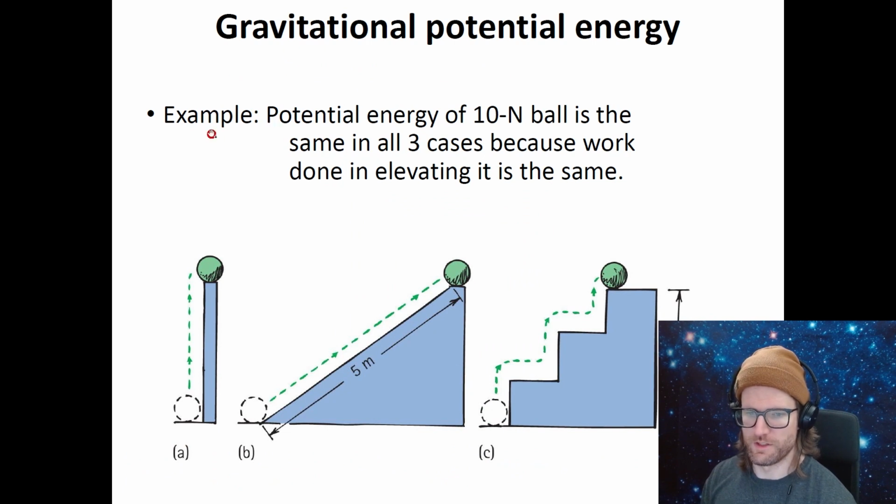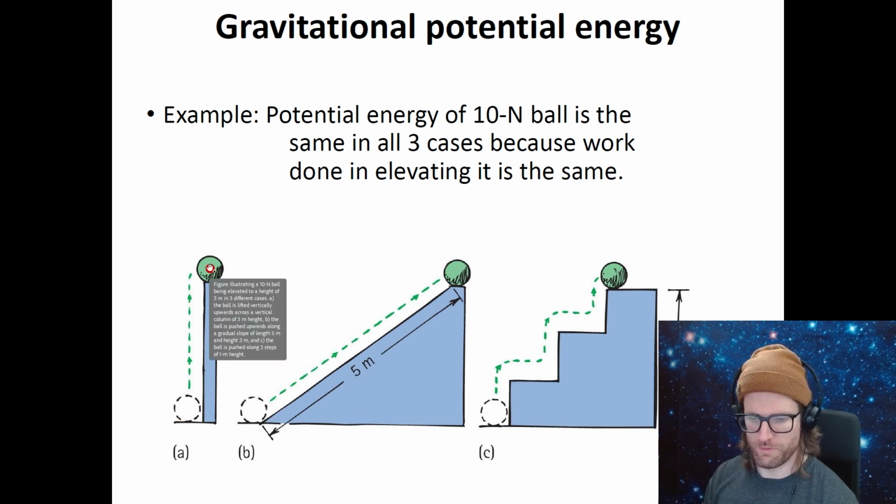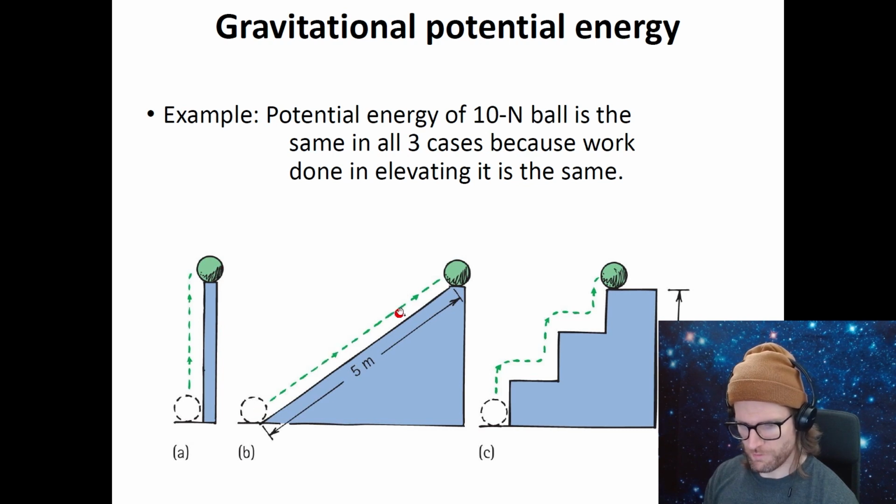Let's look at this: gravitational potential energy. The potential energy of a 10 newton ball is the same in all three cases because the work done in elevating it is the same. In situation A, the ball was lifted up 3 meters. In situation B, the ball moved 5 meters but was only lifted 3 meters.